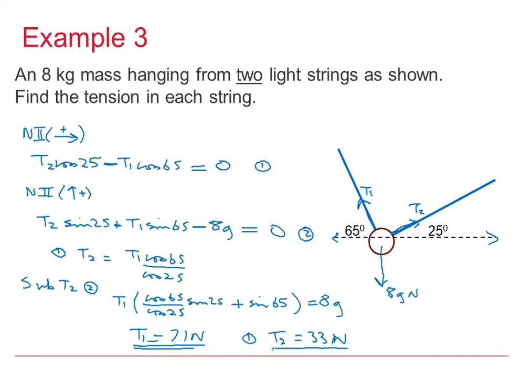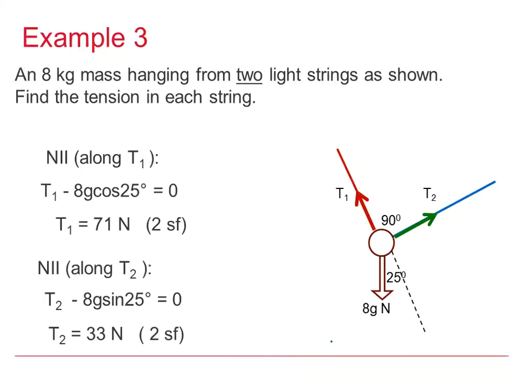The simultaneous equations, however, are quite fiddly, but there are a couple of alternative methods. One alternative method is to realise, in this particular example, it won't always be the case, but there was actually a 90-degree angle between the T1 and T2, and therefore I could have taken Newton's second law along the direction of T1.